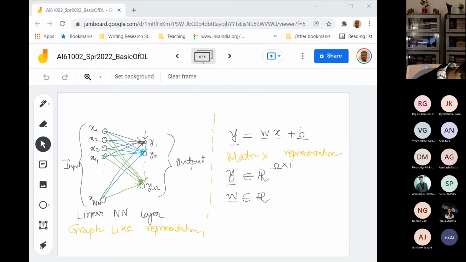So this W is of omega cross m into n. Then what we know about X is that X is also real valued, and this is of size m into n cross 1. And then I know about B is that it's also a real valued matrix, which is of size omega cross 1.